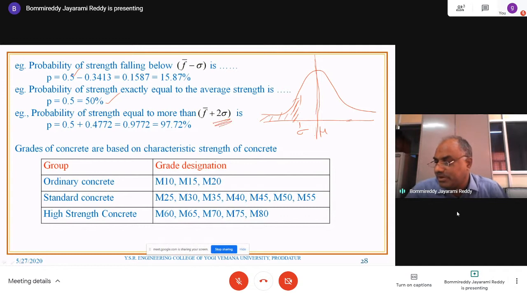For 2 sigma, the associated value given is 0.4772. This value will be given in the examination. Then only you can solve it. So it is 0.5 plus this one. So 97.72% of the area will be covered if it is F bar plus 2 sigma.